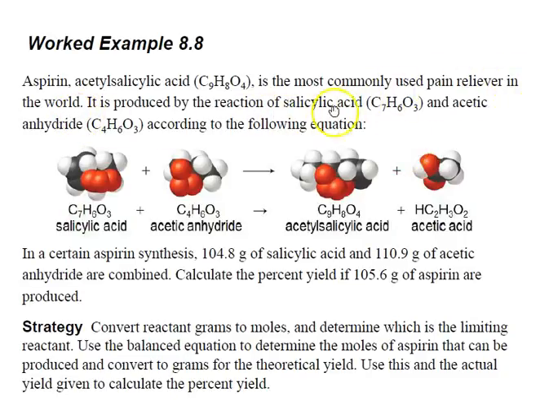It is produced by the reaction of salicylic acid, as shown here, and acetic anhydride, according to the following equation. And this is already balanced. It's 1 mole of salicylic acid, 1 mole of acetic anhydride, 1 mole of acetylsalicylic acid and 1 mole of acetic acid. So these are really nice. A lot of reactions in organic chemistry are 1 to 1 to 1 to 1, so the molar ratio is pretty easy.